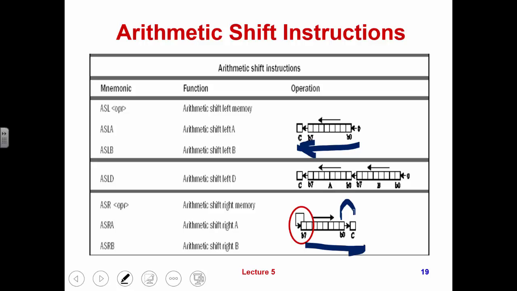After we perform the arithmetic shift, C will be 1 if the bit shifted out is 1. If bit 7 is 1 before we shift, then when you shift, this bit goes out to carry, so it will make the carry bit 1.